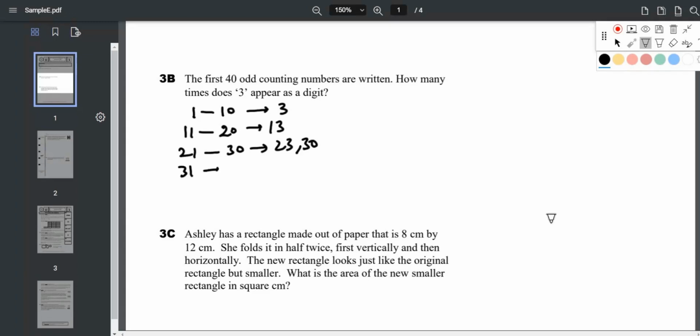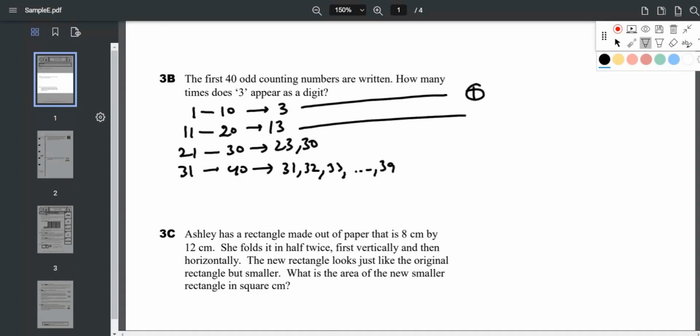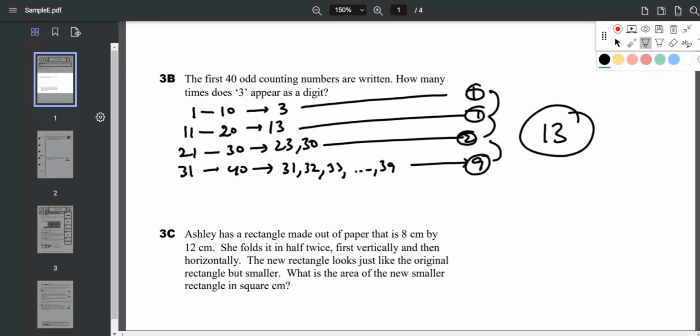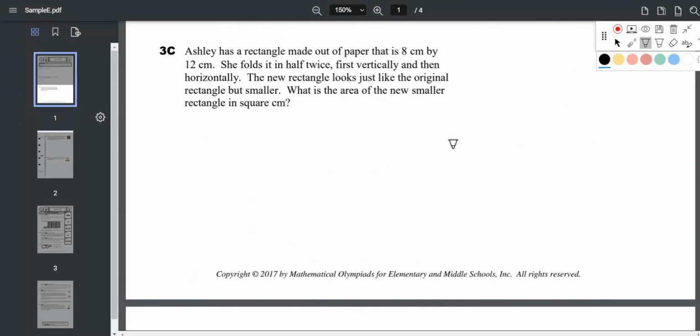From 31 to 40, there is 31, 32, 33 up to 39, so these are 9 of them. So what is the sum total? Here it is 1, here only one number, here 2 such numbers, and here 9 such numbers. 9 plus 2 is 11, 12, 13. So 13 such numbers are there where 3 appears as a digit. That's the second question.